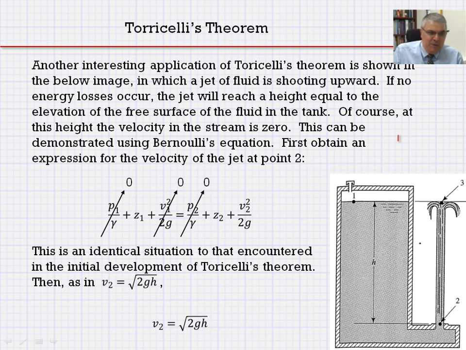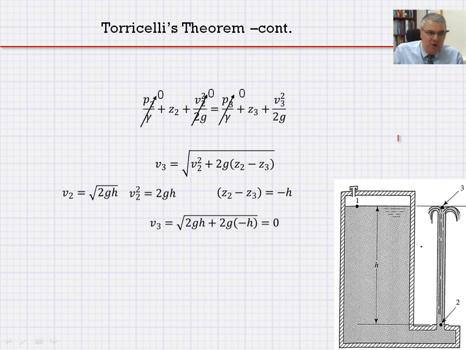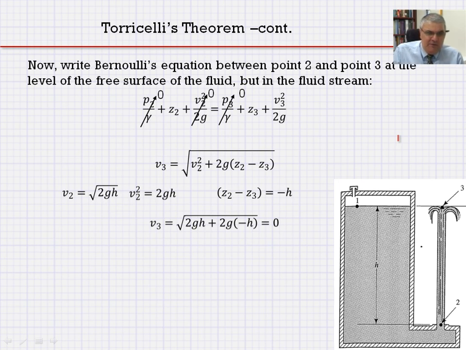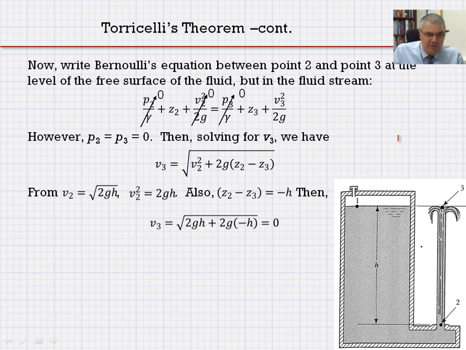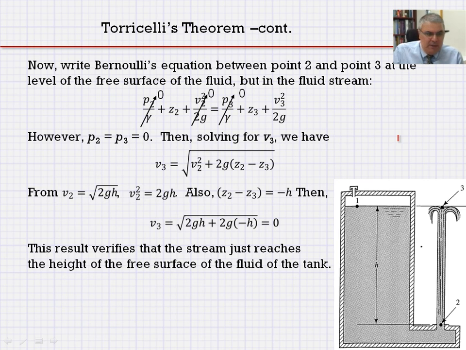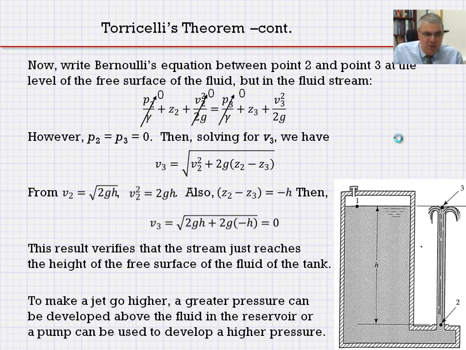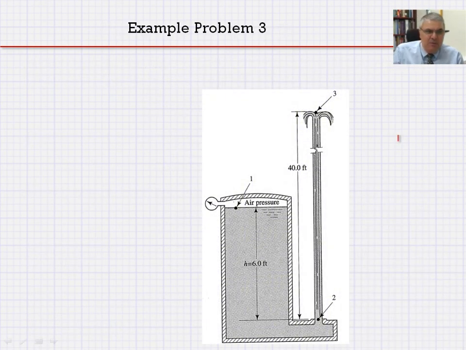What would be the velocity at point 2, and how far would that take us? What would be the h in this case? I want you to go through this and actually solve it and try to understand it on your own and get back to me with any questions that you might have.